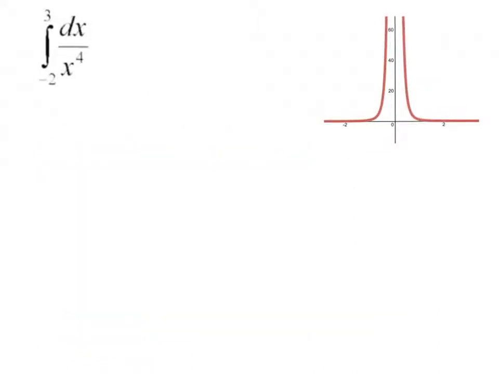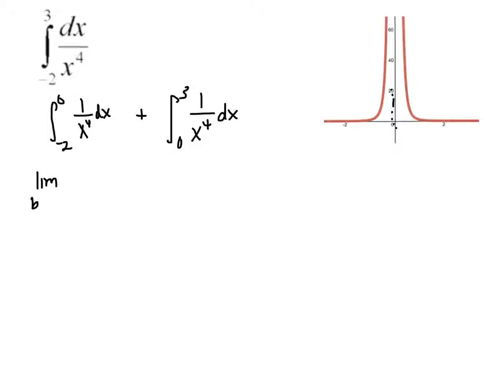So yesterday we looked at some examples where you were going to infinity, something like this, where it would go from 1 to infinity. But today we're looking more at a vertical asymptote. So if I look at this vertical asymptote at 0, we're going to need to split this from negative 2 to 0 and from 0 to 3. So I'm going to rewrite this with a limit statement.